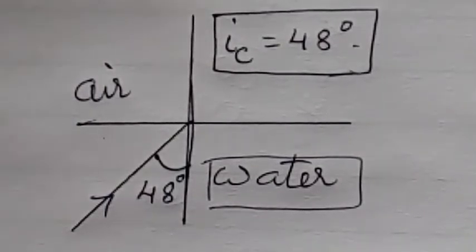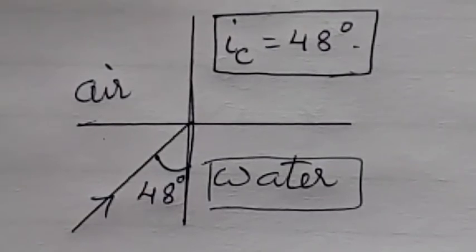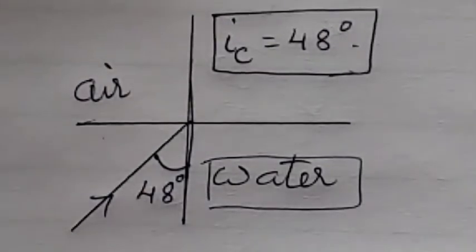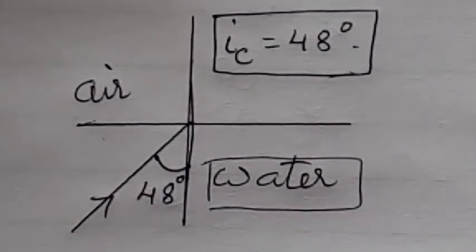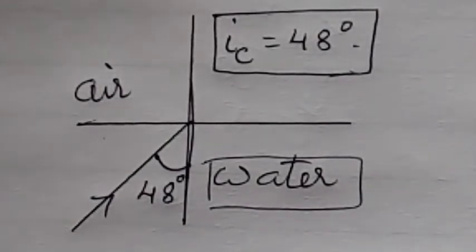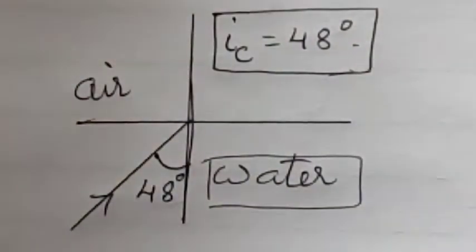Whether it will go out or whether it will get totally internally reflected. The angle of incidence is equal to the critical angle, and as per the definition, we know that if the ray of light strikes at an angle equal to the critical angle, it gets refracted along the surface, such that the angle of refraction is equal to 90 degrees. So let's look at that.